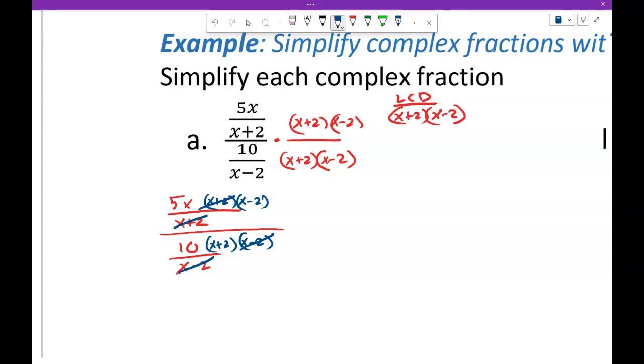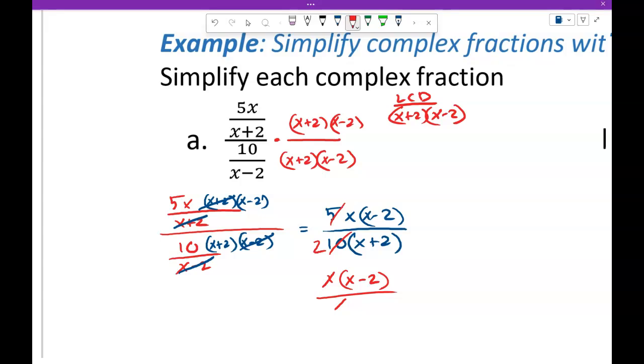Each fraction within our complex fraction will reduce, leaving us with a much simplified expression. And we went from having a complex fraction to a regular rational expression, and then all that's left is reducing where we can, leaving us with x minus 2 over 2 x plus 2. And it's the same answer that we see from before.